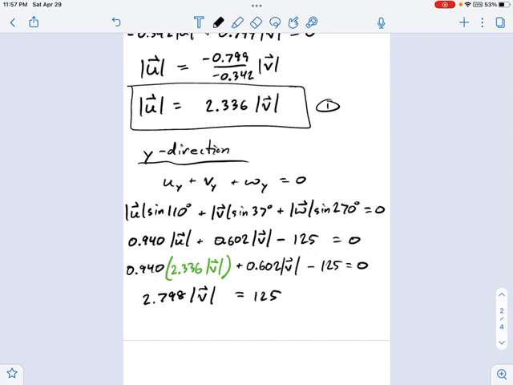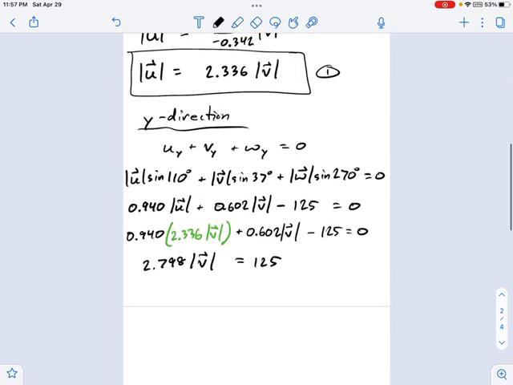Now, if I lost you on that step, pause the video, convince yourself that this is true, and I'm going to divide each side by 2.798, and look what we get. The magnitude of v, the tension in that wire, is 44.67 pounds.